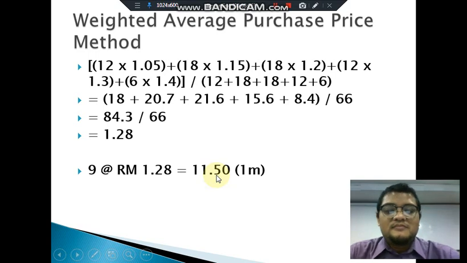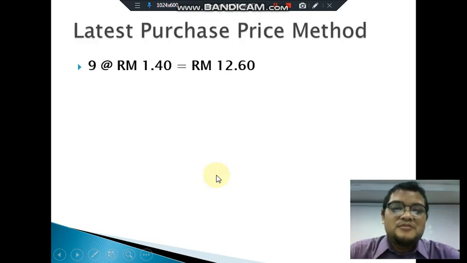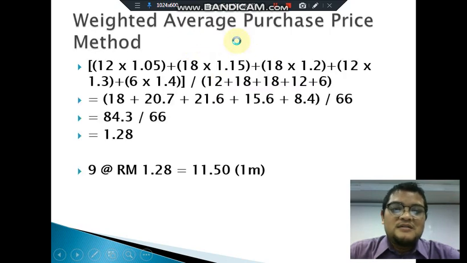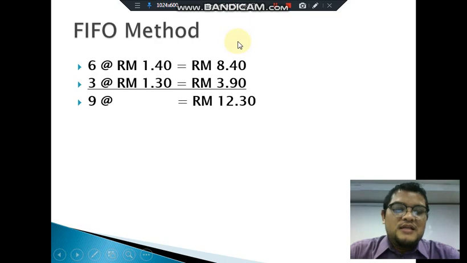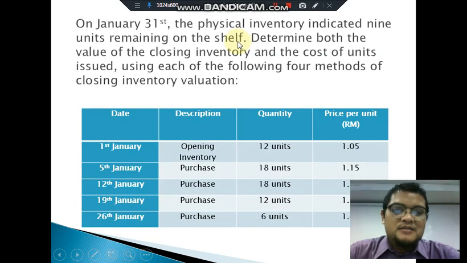How is the number 3 method? The number 3 method is very simple, the latest purchase price. What is the latest purchase price? Guys, as you can see from the table, the latest price of the item is 1 ringgit and 40. This is the previous price, this is the latest price.